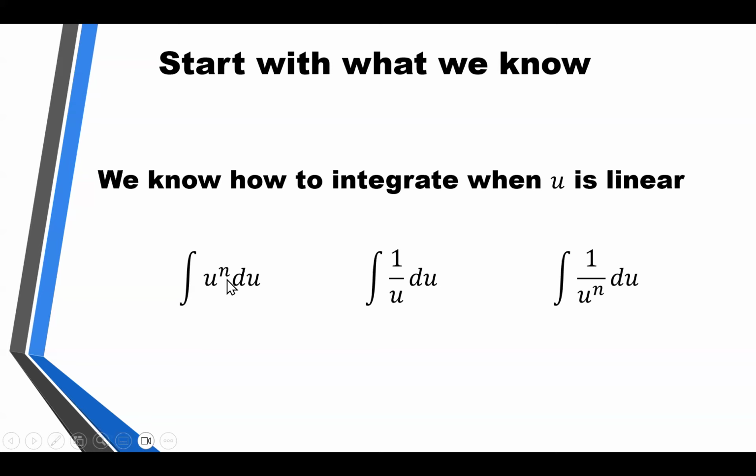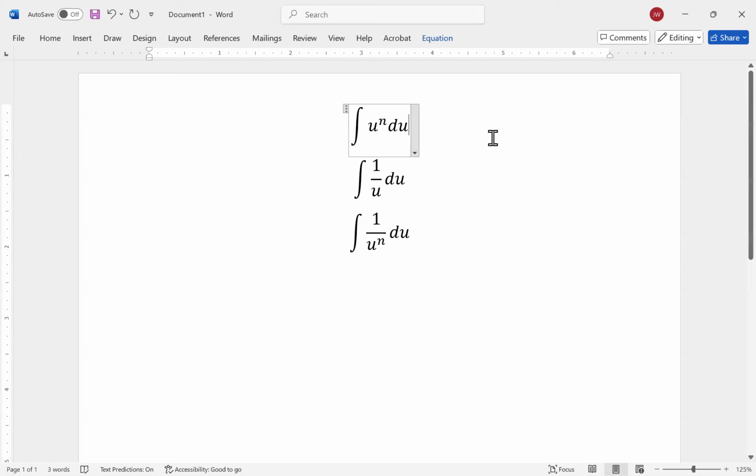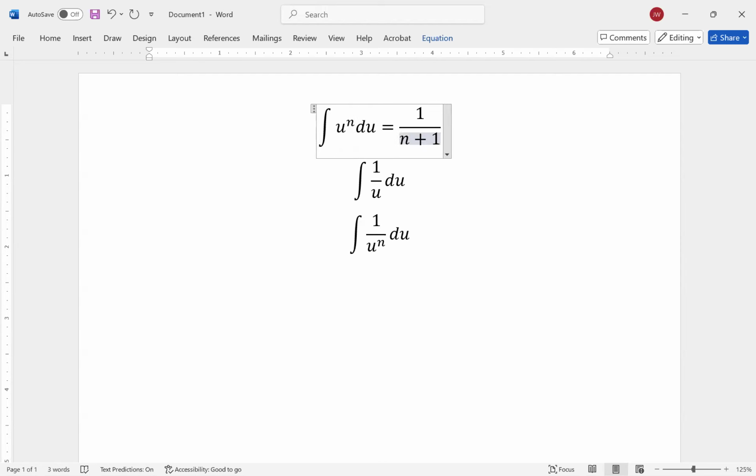So u to the nth, we raise the exponent by 1, and then have a coefficient of 1 over n plus 1. Let me just write that down. So we get 1 over n plus 1 times u to the n plus 1 power. And then obviously tack on a plus c.